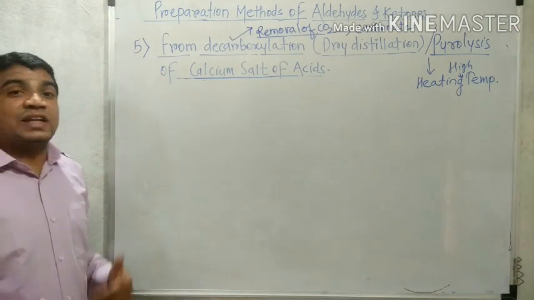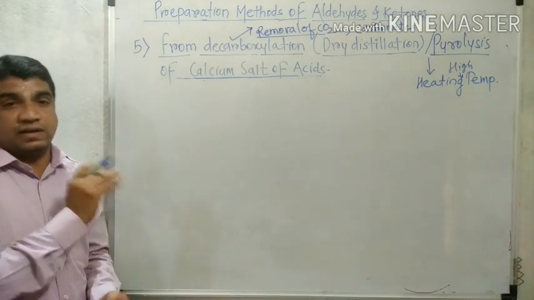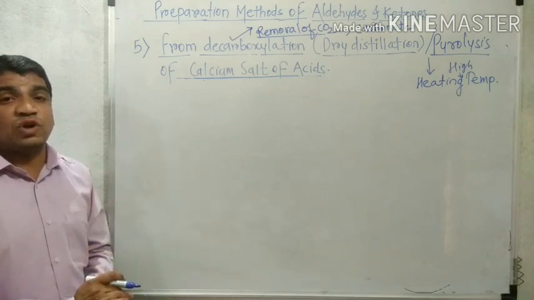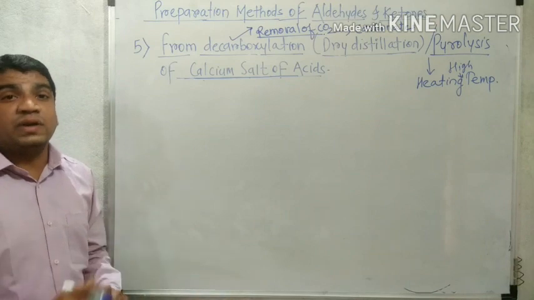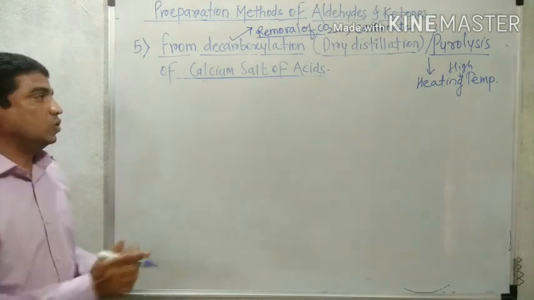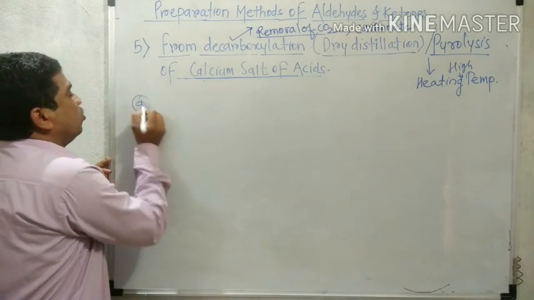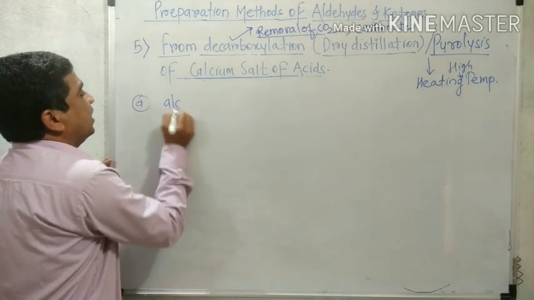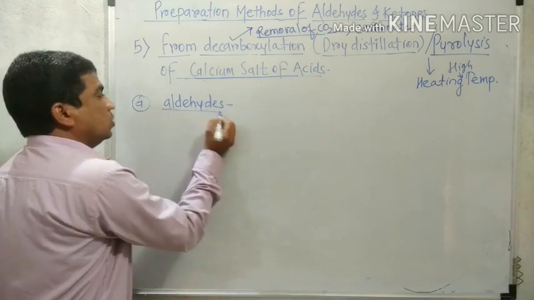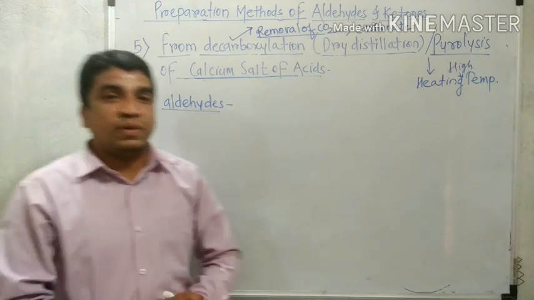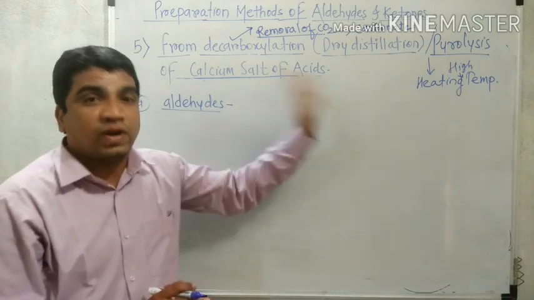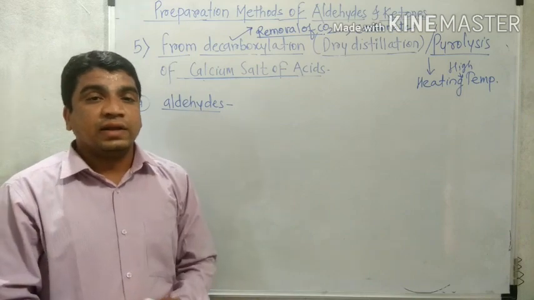When calcium salt of fatty acid is heated at high temperature, it can be converted to aldehyde or to ketone. So firstly, we are going to prepare the aldehydes. Preparation of the aldehydes.